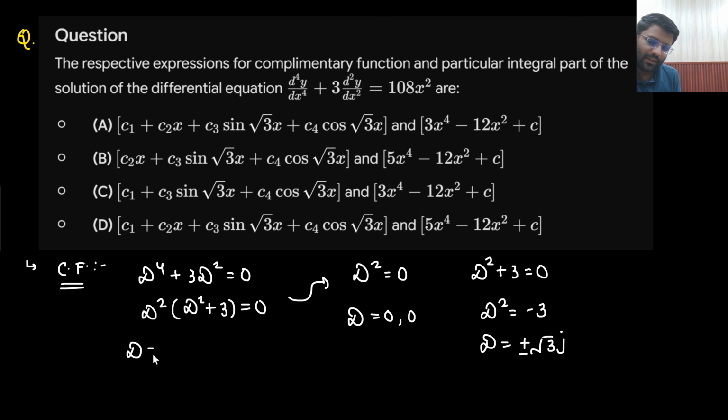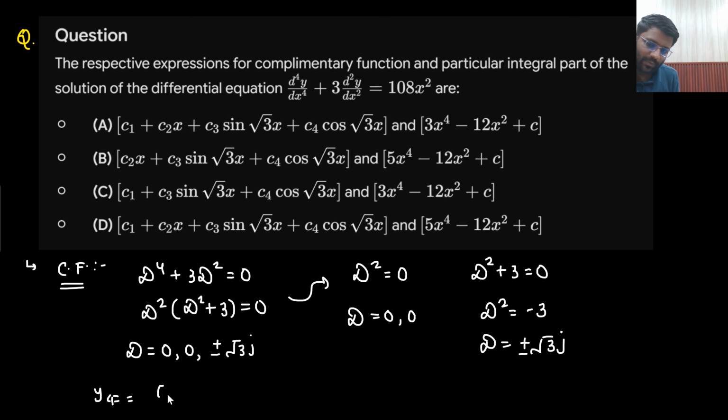So what is the value of D? The value of D you are getting is 0, 0, plus minus under root 3j. So these two roots are different, but this root is same. So what will be your CF?